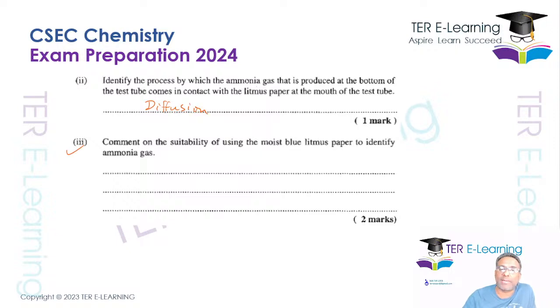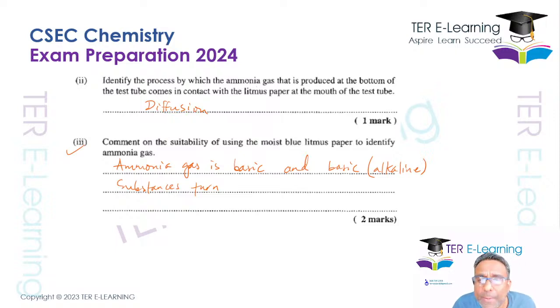Next part. Comment on the suitability of using moist litmus paper to identify ammonia gas. So all you need to say here is ammonia gas is basic or alkaline substances turn blue.